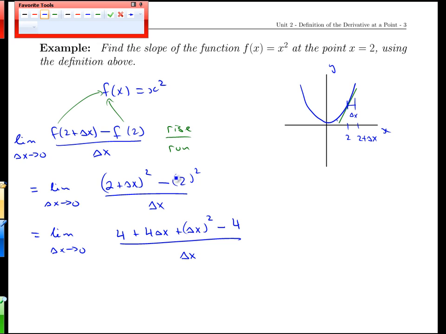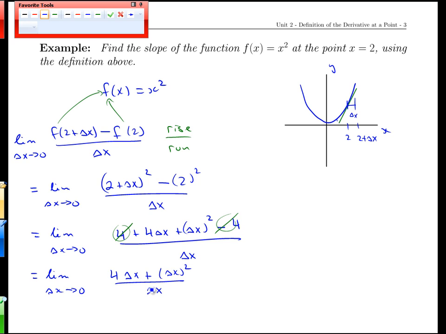So expanding the square and noticing that 2 squared is 4. Again, we can't just sub in delta x equals 0 yet, because we still have this delta x in the denominator. But we can, if we notice here we got a 4 and a negative 4, we can cancel those out. And then we have 4 delta x plus delta x all squared over delta x.